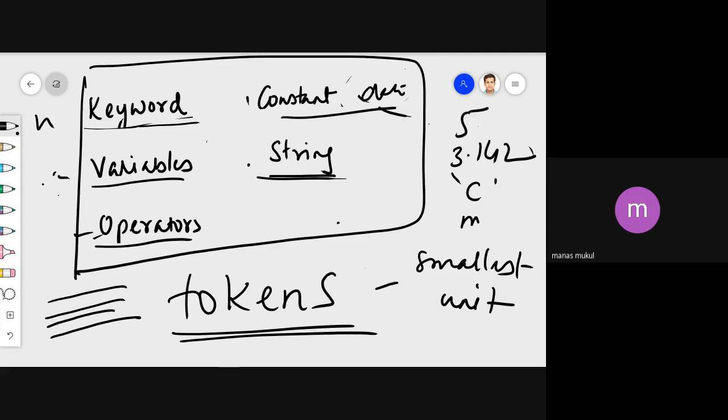If I write Manas, that is a string constant, because it is a sequence of characters. What is important right now is to understand the various tokens and their function in writing a program.